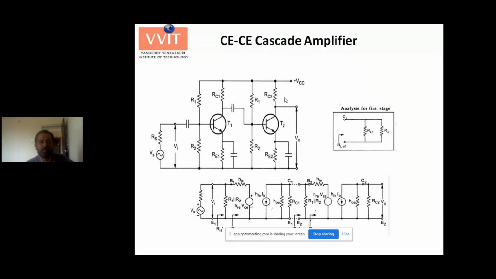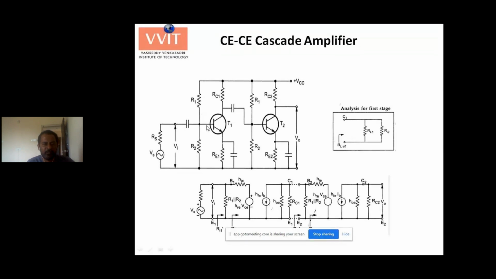While drawing the AC equivalent, most of the time you may be asked to do low frequency analysis. At low frequencies and at mid frequencies, we always assume we choose these capacitors as large as possible. When the input signal is applied, you can assume this as a short circuit. Therefore, all these external capacitors can be assumed as short circuits.